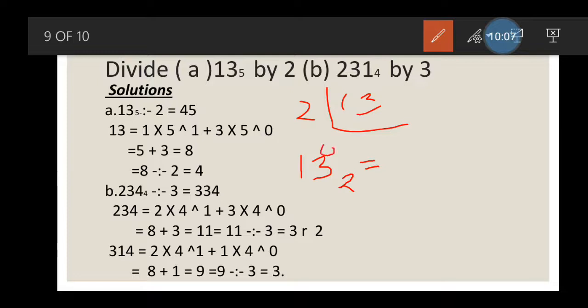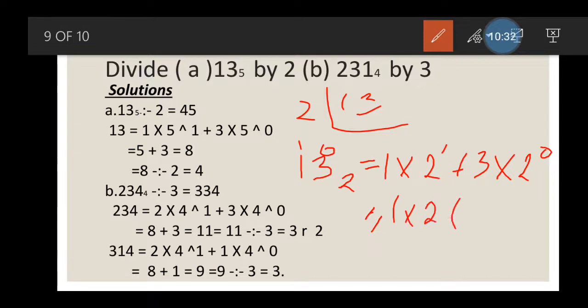So it's going to be 1 times 2 raised to the power 1 plus 3 times 2 raised to the power 0.